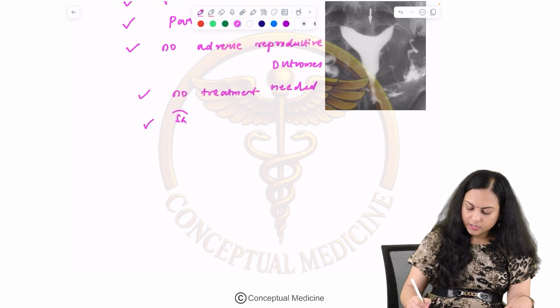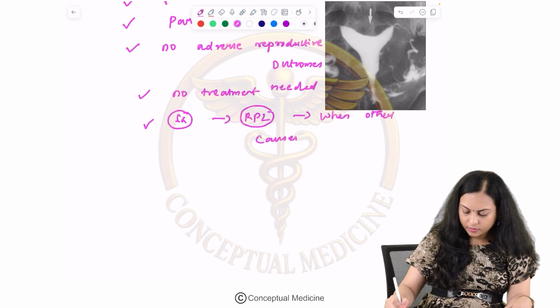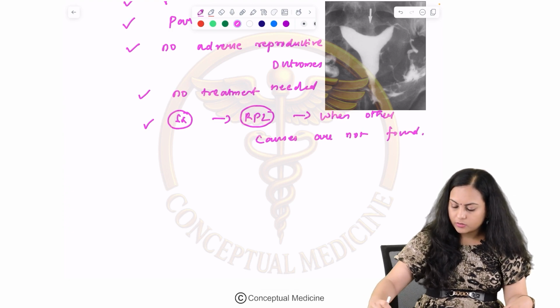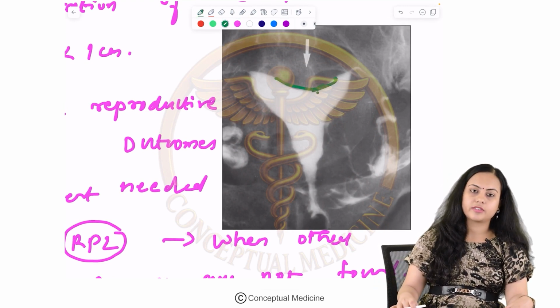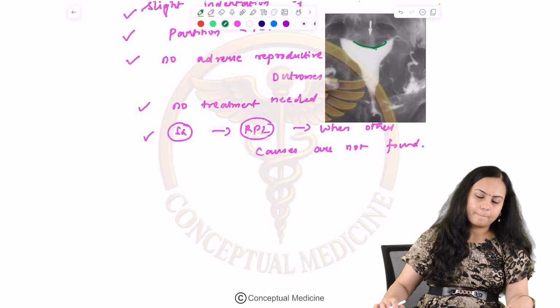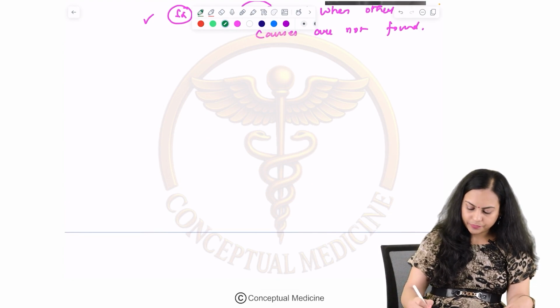Surgery is only needed in case of recurrent pregnancy loss when other causes are not found. This is a hysterosalpingography picture of an arcuate uterus. You only have a slight indentation at the fundus. Otherwise, this is a completely normal variant of the uterus.